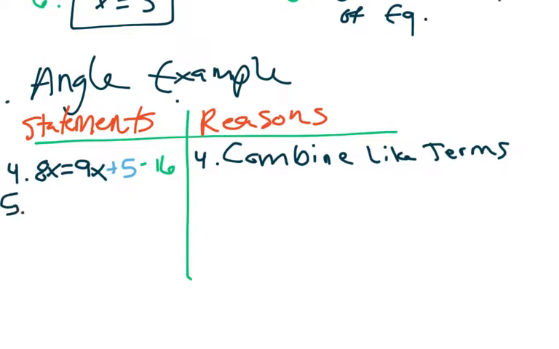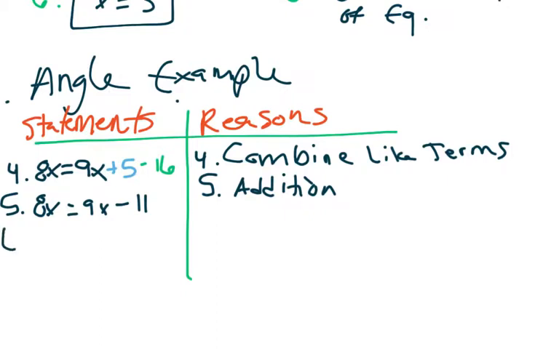So then the next piece is that I'm going to subtract or add the 5 and the 16. So I'll do the addition, and actually this isn't even addition property of equality, it's just addition, but if you wrote of equality, that's fine. And then minus 11 instead of 5 and negative 16.